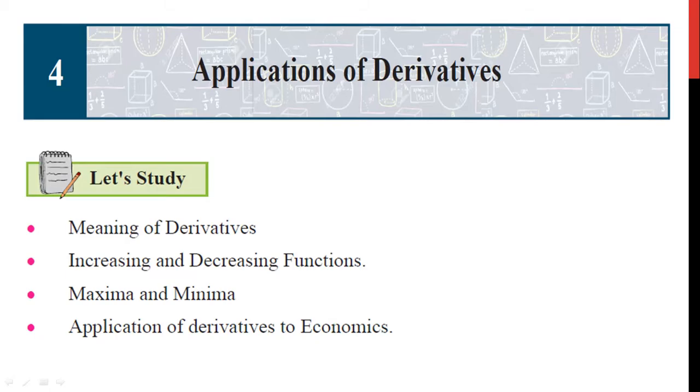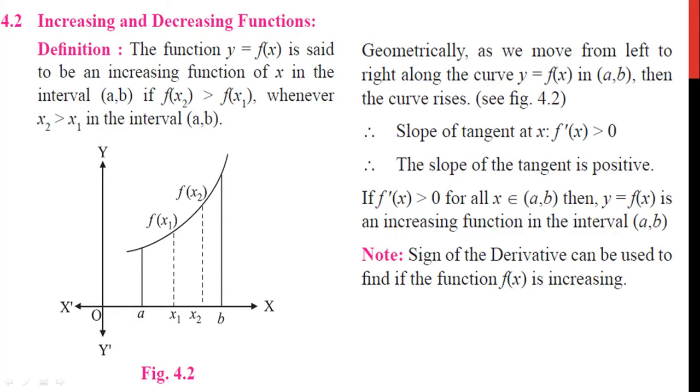So let us see now. First of all, we will see the definition of increasing function. See the graph here. The graph shows that the function is increasing. See how it is increasing. In the definition, it is given that the function y is equal to f of x is said to be an increasing function of x in the interval a to b if f of x2 is greater than f of x1.